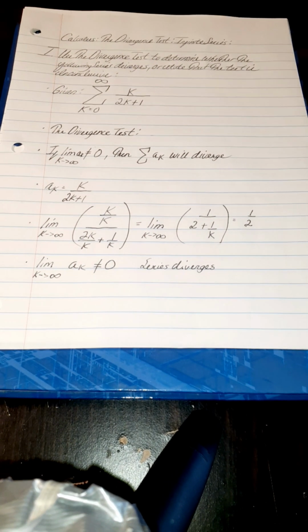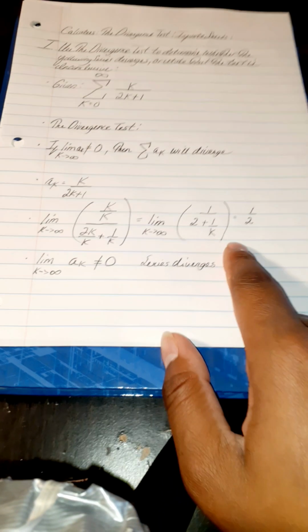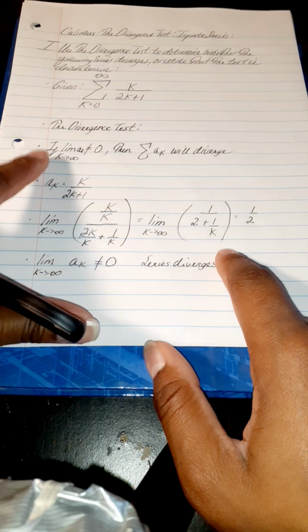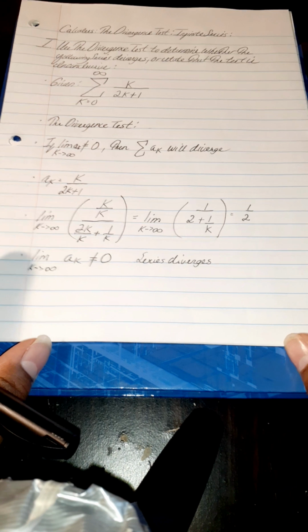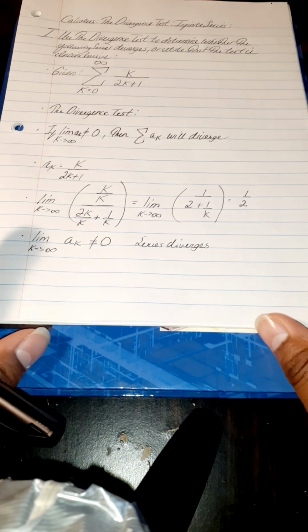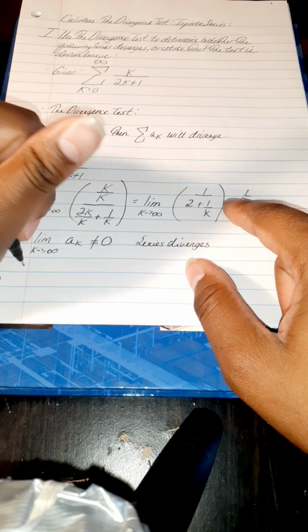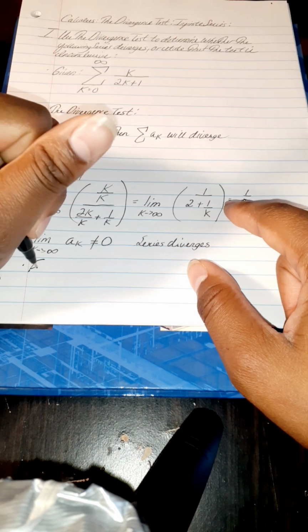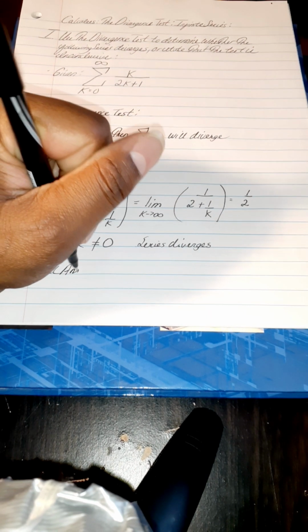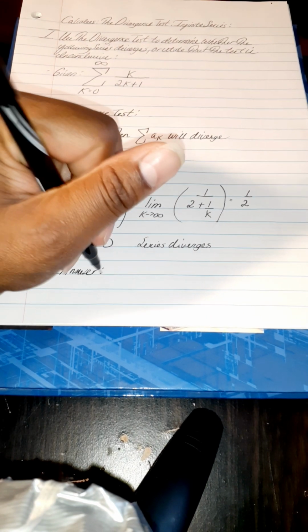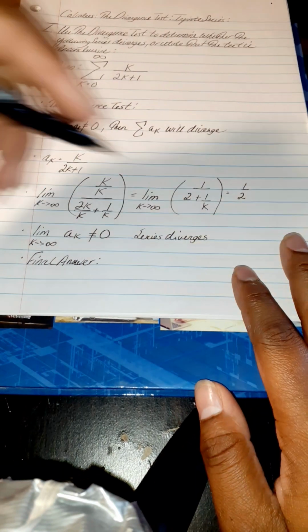But be careful, again, if you take the limit and you do happen to get 0, that does not mean that the series converges. Be very, very careful with that. You say it's inconclusive if you end up getting 0. We can't say it converges because the divergence test doesn't tell us anything about convergence. I know I sound like a broken record by restating that, but that is a very common mistake a lot of students make.